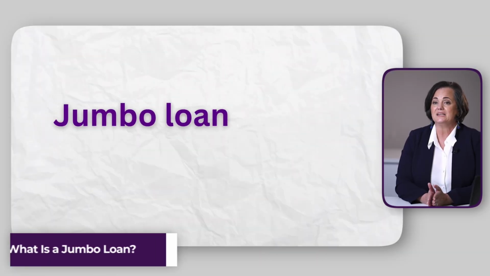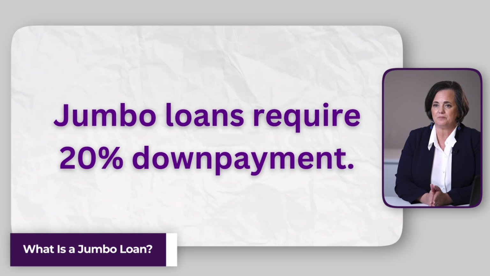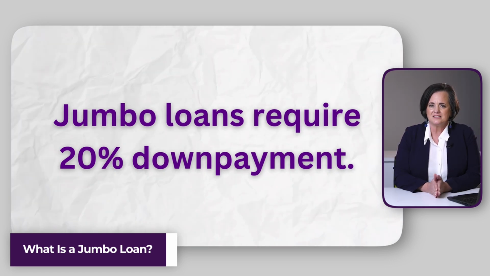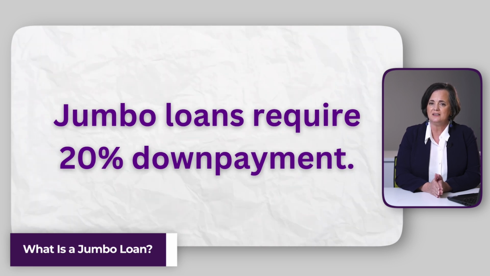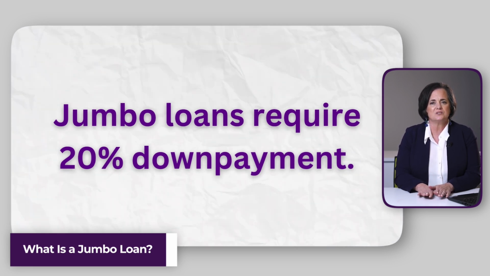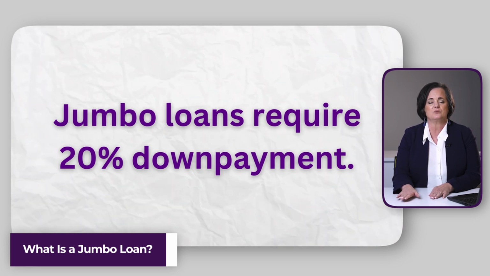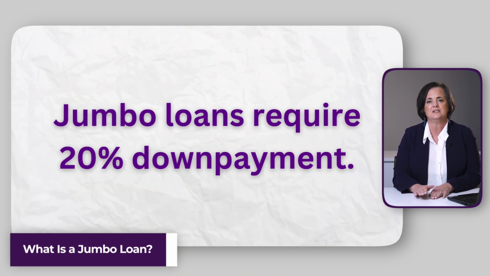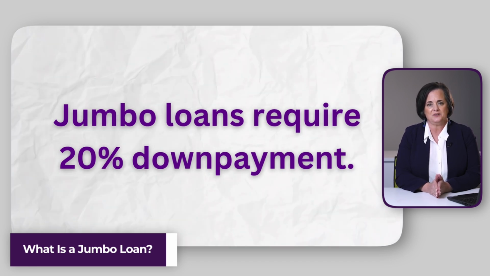These loans, in most cases, require a 20% down payment. There definitely are exceptions. There are lenders out there that will loan less than 20%, but I think going in, it's good to assume that if you're in that larger loan category, which would be categorized as a jumbo loan, that you are expecting to put 20% down.